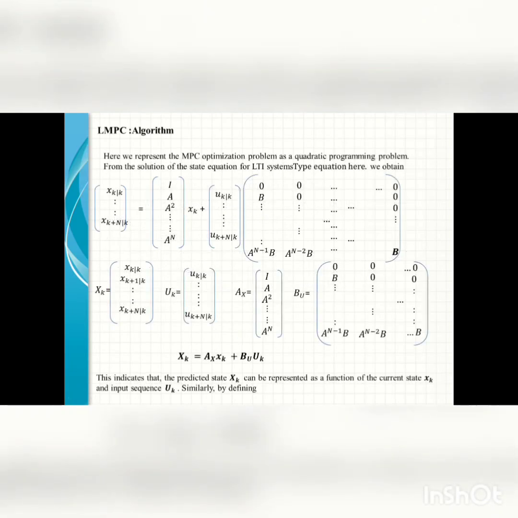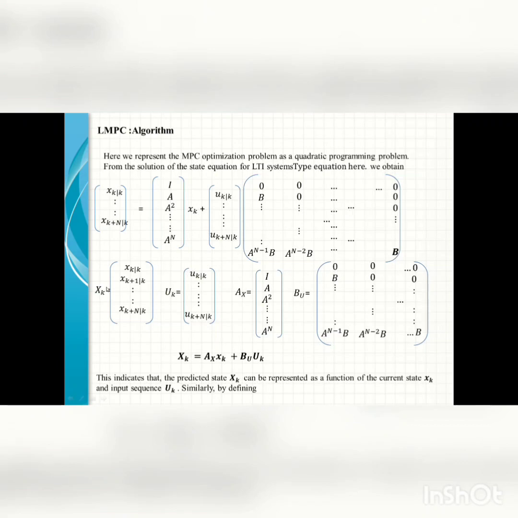Before, we discussed x of k plus 1 equal to A into x k plus B into u k. It's the same, but in matrix form. Here these are the weighing matrices of the system state and the control input. This is the A matrix and this is the B matrix.